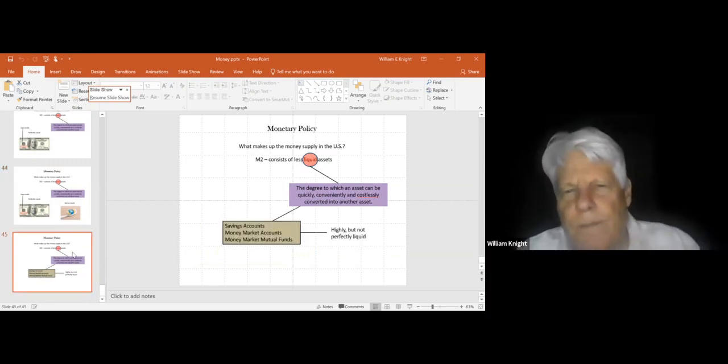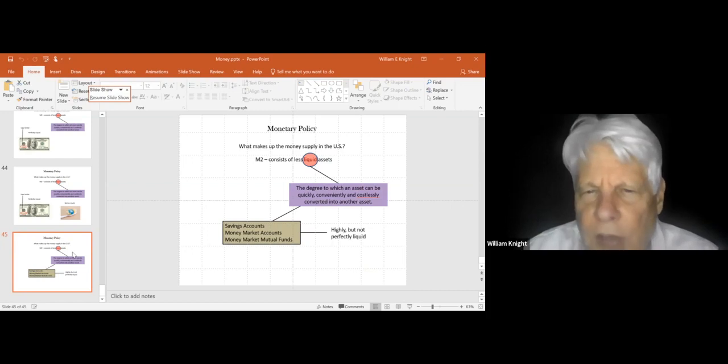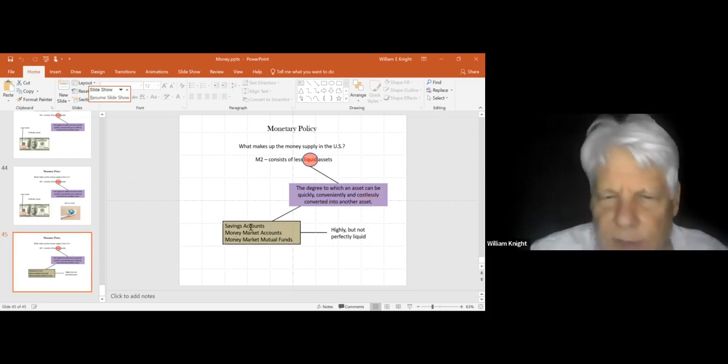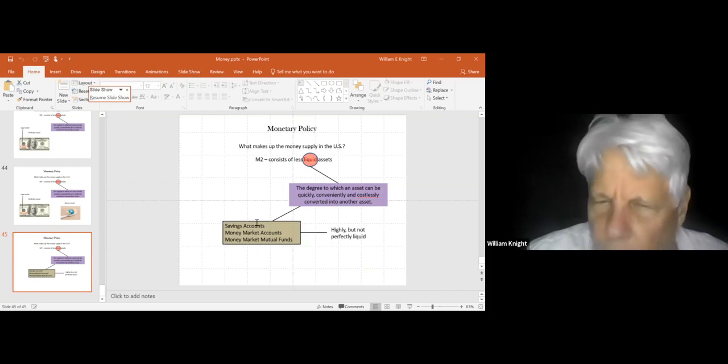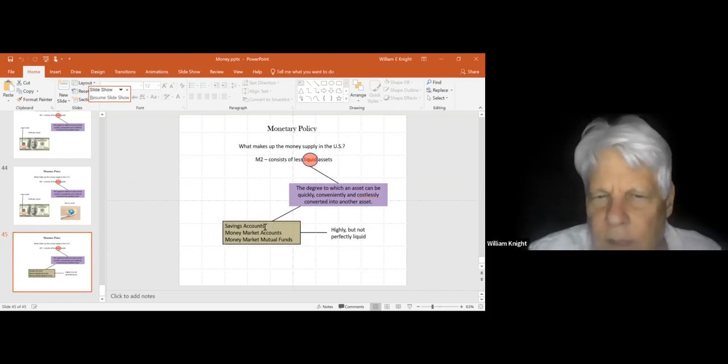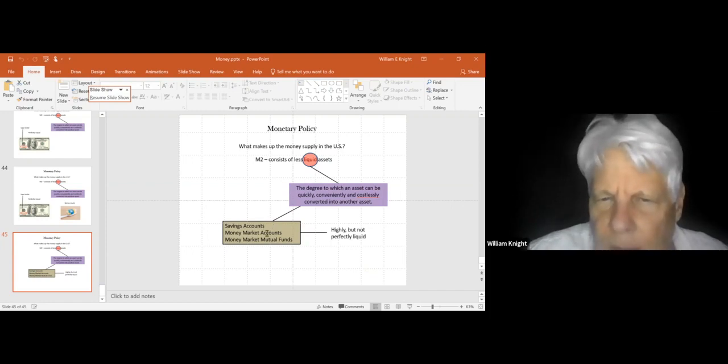So M2 consists of less liquid assets. Now, what are the less liquid assets that are included in the definition M2? They are savings accounts, money market accounts, and money market mutual funds.